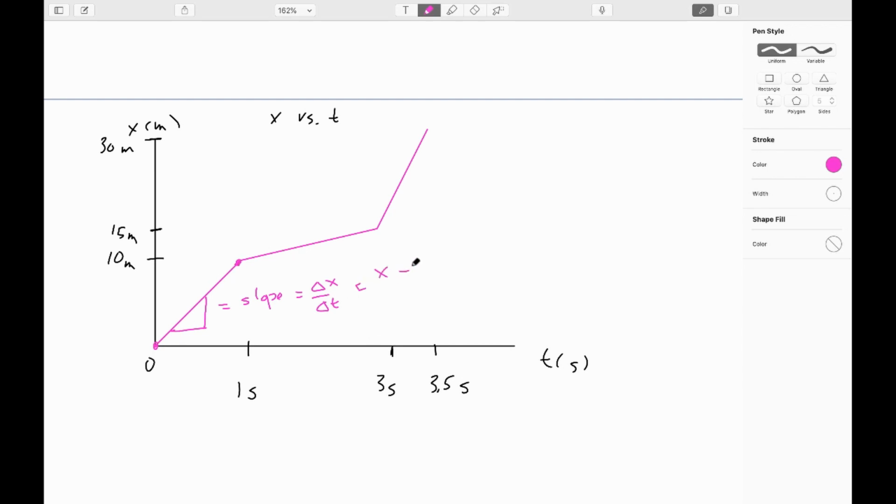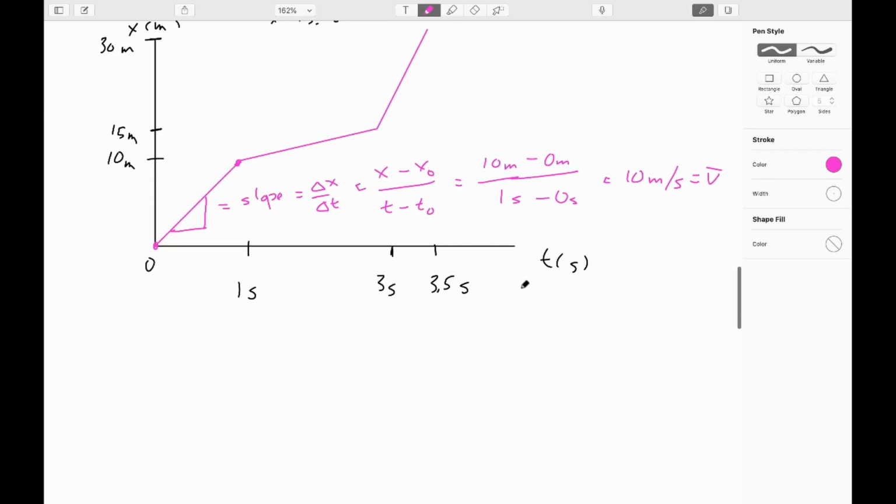So that would be x final minus x initial over t final minus t initial. Well, my x final is 10 meters, my x initial is 0, my t final is 1 second, my t initial is 0 seconds. So I get 10 meters per second. And so that would be the average velocity that the thing moved over the first second.